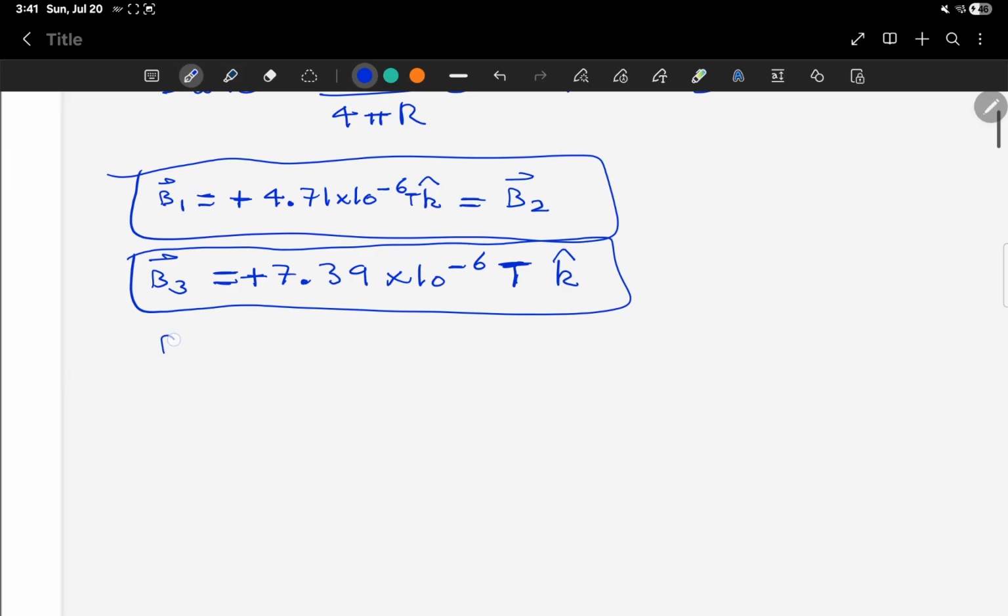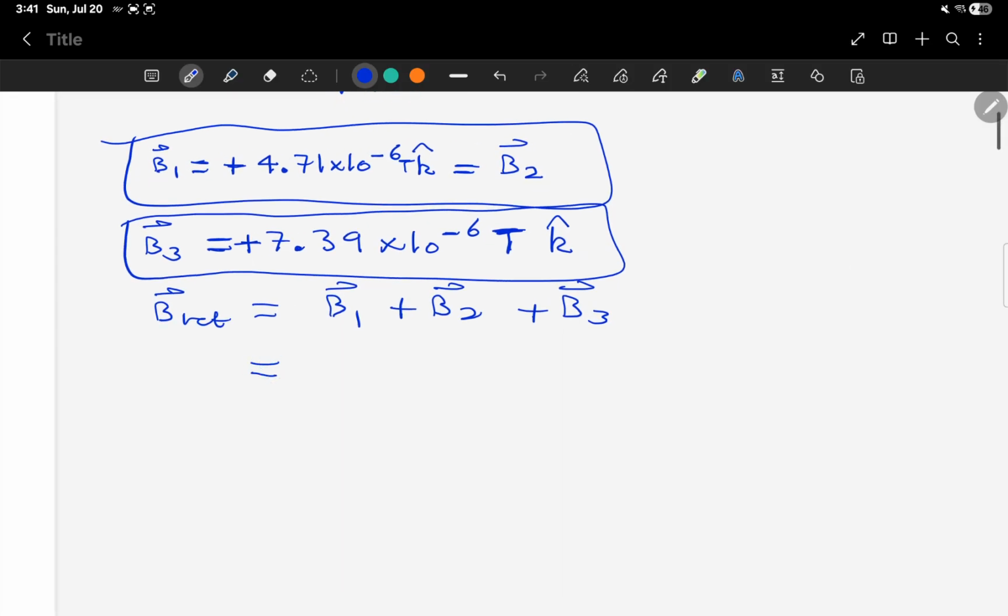So basically I'm trying to find the net magnetic field. So what I'm solving for is B1, the magnetic field by piece 1, plus the magnetic field by piece 2, plus the magnetic field by piece number 3. So I'm doing 4.71 plus 4.71 times 10 to the negative 6 k hat.